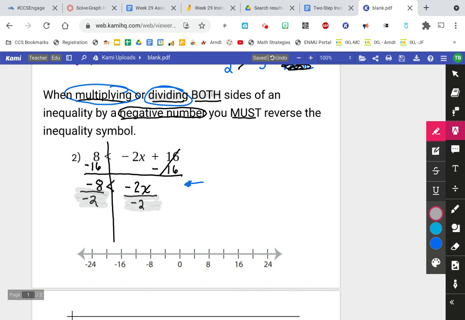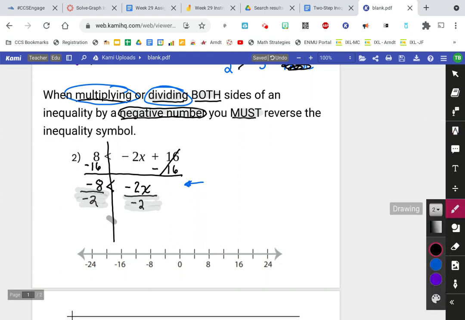I divided both sides by a negative number. What must happen right now? I must reverse my inequality symbol. So now my inequality symbol will be pointing in the opposite direction. If you don't reverse that inequality symbol, your answer is going to be incorrect.